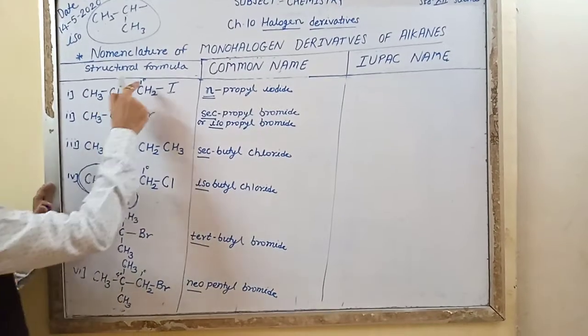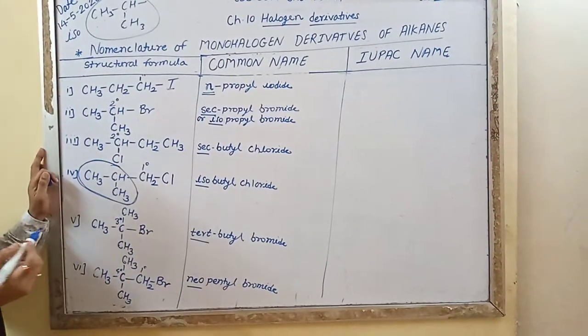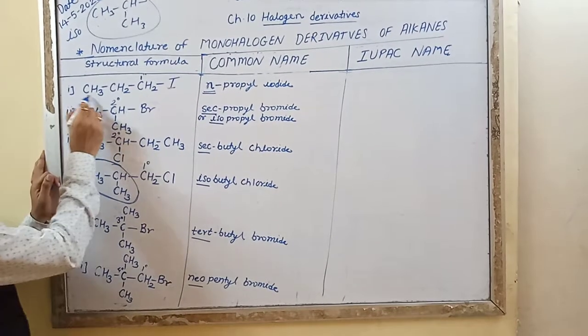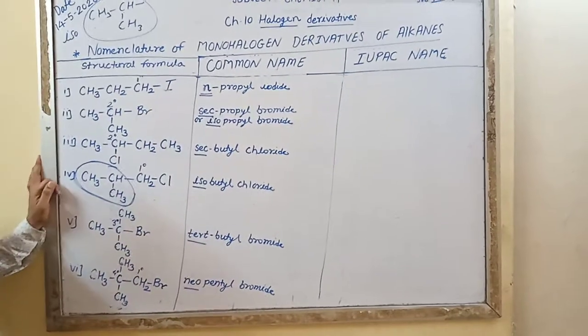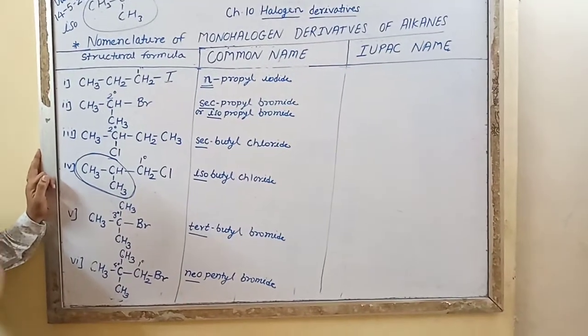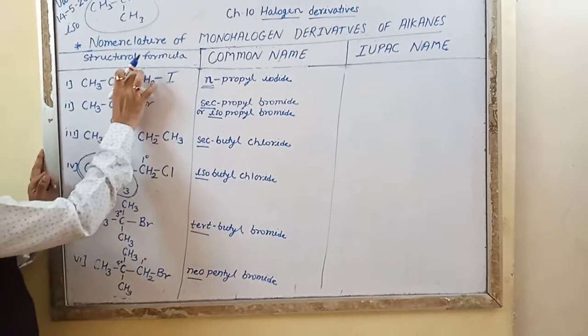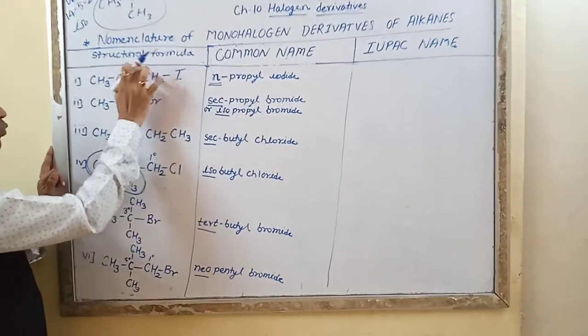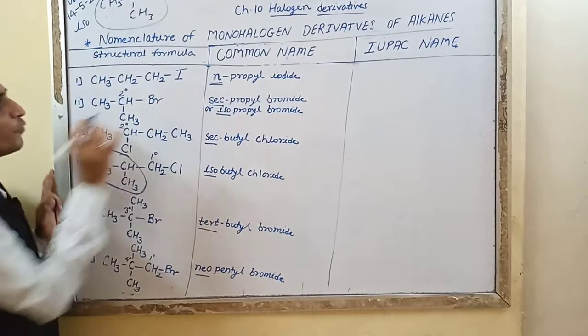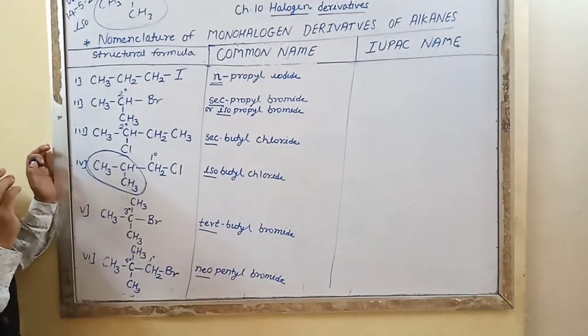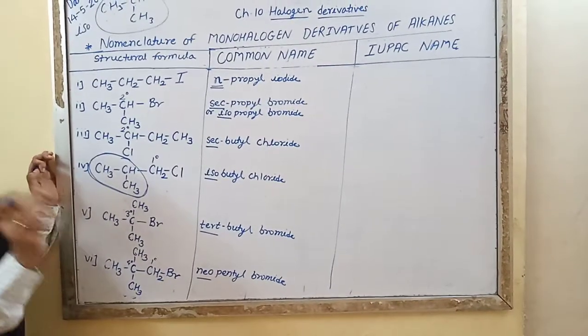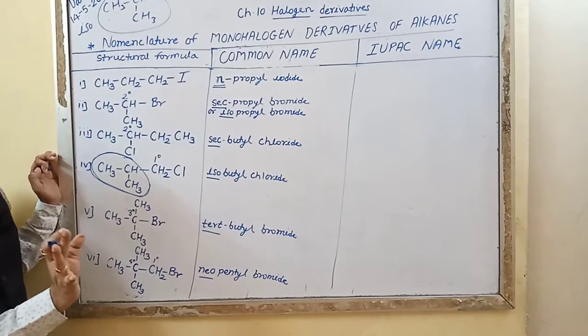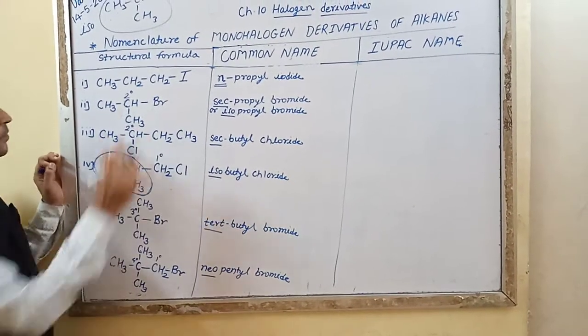Now see here. In order to give the IUPAC name, we have to select the longest carbon chain that contains the most carbon atoms. See the first structure. How many carbon atoms are present? 1, 2, 3. Now we have to select the carbon atom to which the functional group is attached and give number 1 to that carbon atom.